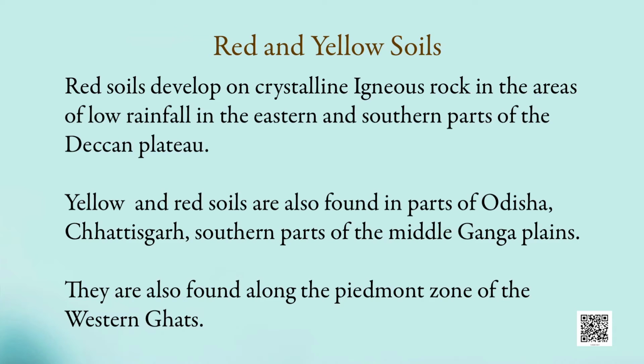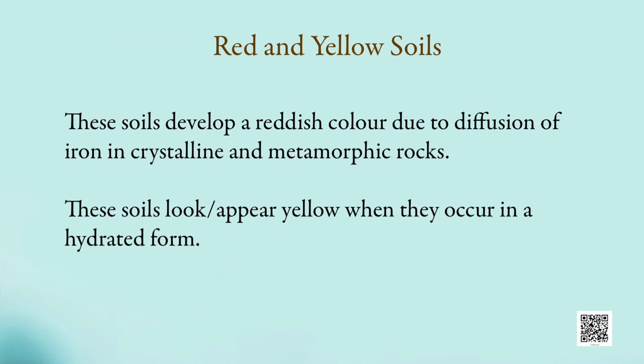They are also found along the pediment zone of the Western Ghats. These soils develop a reddish color due to the diffusion of iron in crystalline and metamorphic rocks. You know, children, these soils appear yellow when they occur in a hydrated form. Hence the name red and yellow soil.